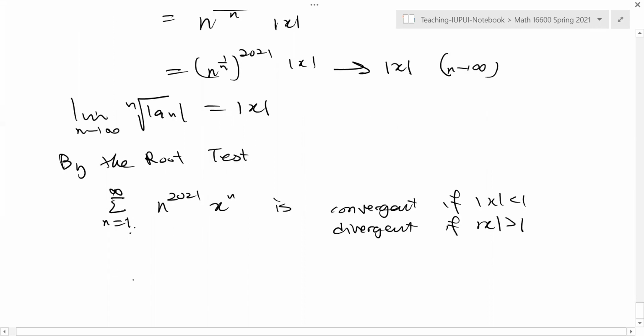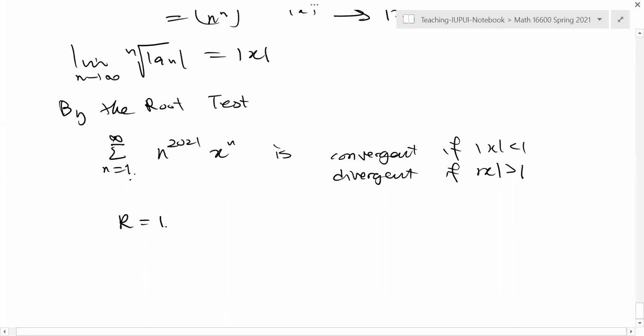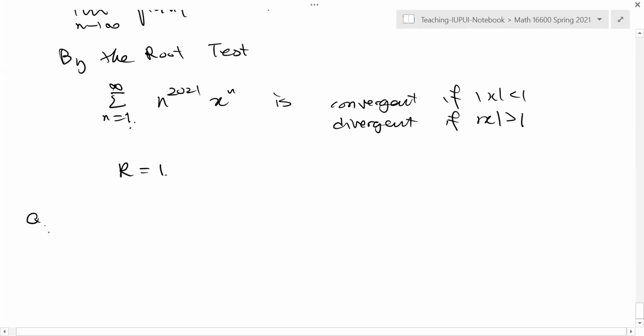So that means the radius of convergence is 1. That's it. You don't need to worry about what happens when absolute x is equal to 1. I'm not asking you to determine all the values of x for which the series is convergent. There is a so-called interval of convergence, and then you have to look at the endpoints. So it depends on the problem. Okay, take a look at the next problem.